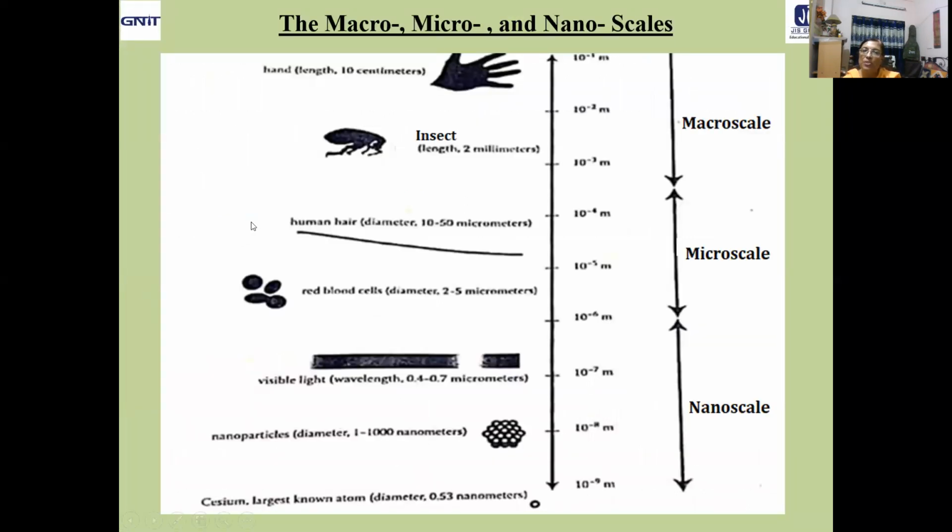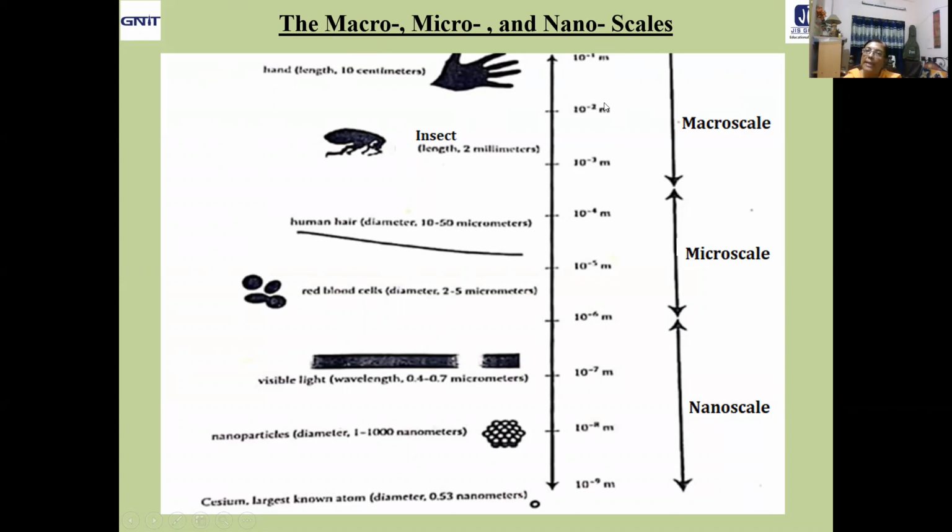Now, before going to the detailing, let us take a look at the scaling in the macro, micro, and nano range. Now, what about the range of the macro scale? It starts from 10 to the power minus 3 meter and goes up to 10 to the power minus 1 meter.